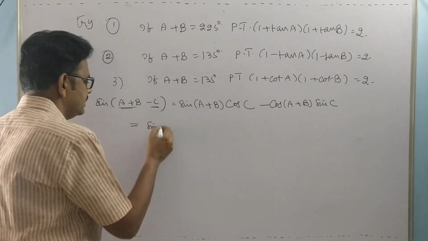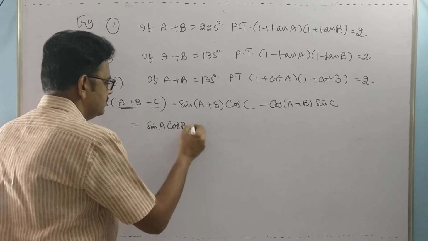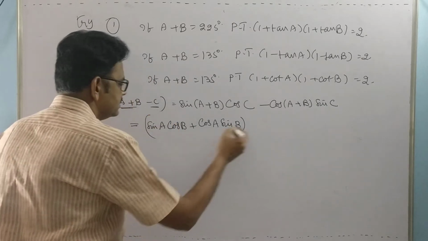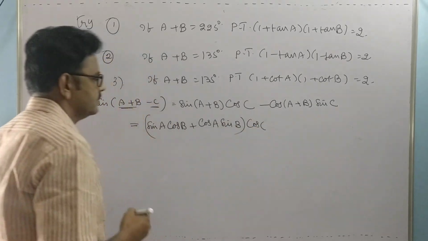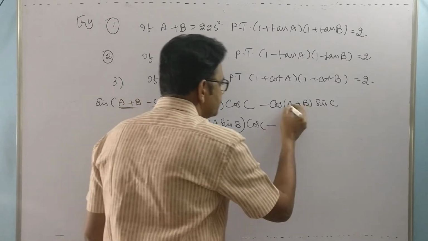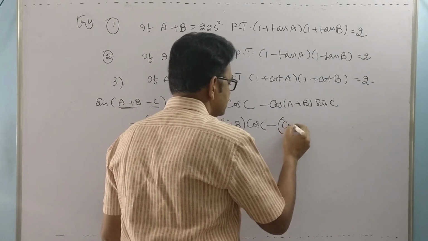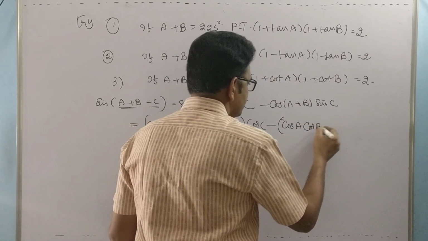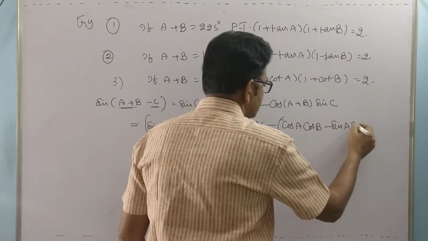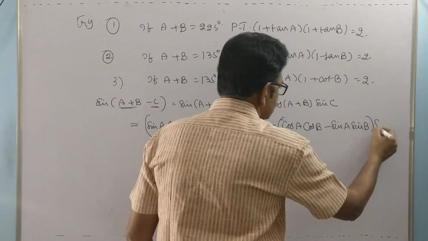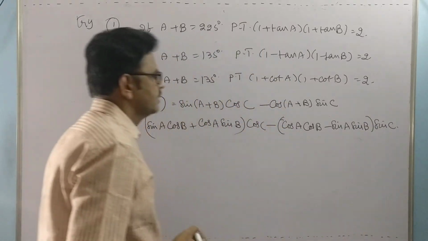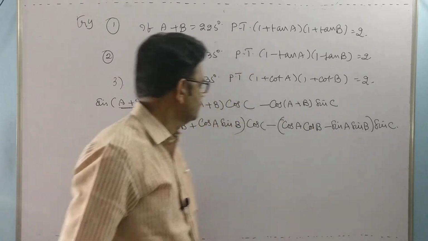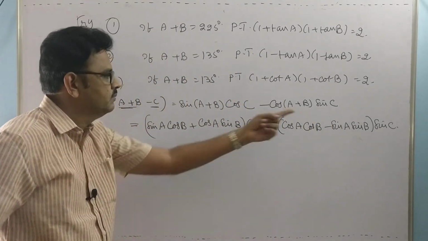So this is sin A cos B plus cos A into sin B into cos C. Okay, minus cos of A plus B. So this is cos A, or you can write sin C cos A cos B minus sin A sin B into sin C. So this is sin of A plus B, this is cos of A plus B expansions, and then we are multiplying with cos C for that, sin C.